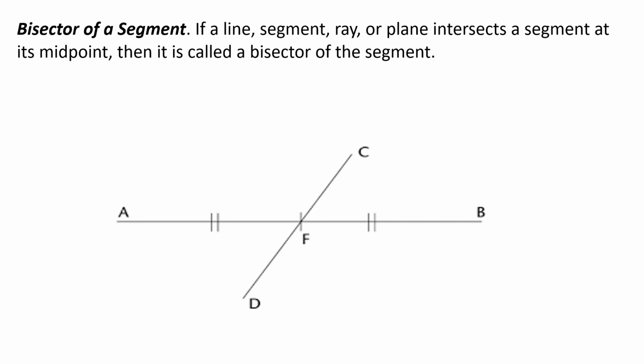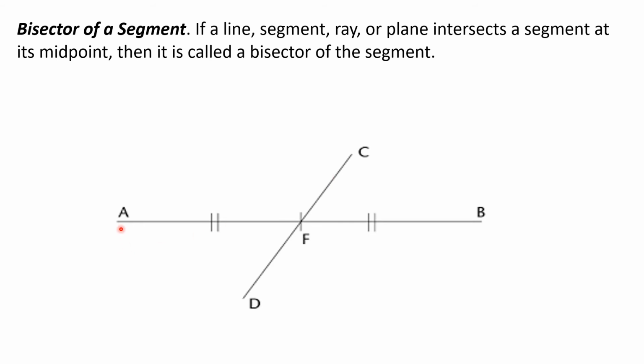If a line, segment, ray, or plane intersects a segment at its midpoint, then it is called a bisector of the segment. Okay, so we have here a line or a ray which passes through or intersects the midpoint of our segment.